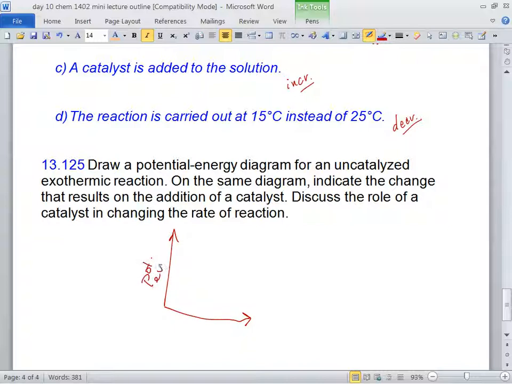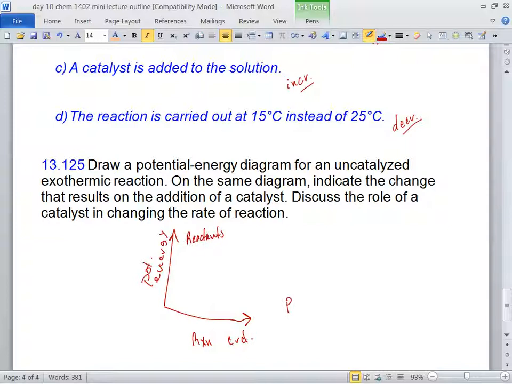Potential energy. Reaction coordinate. So Cameron, reactants go to products. At the beginning of this reaction coordinate, I have my reactants. Really high energy or really low energy, if it's exothermic? Really high, because you've got to end up really low. Good. So draw reactants way up here.